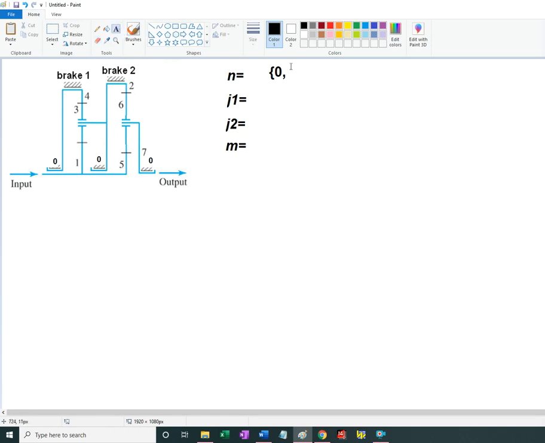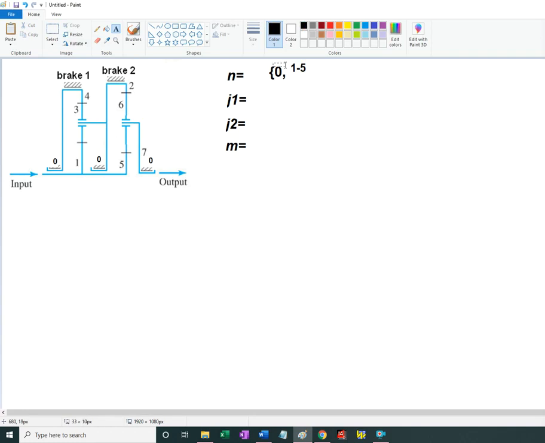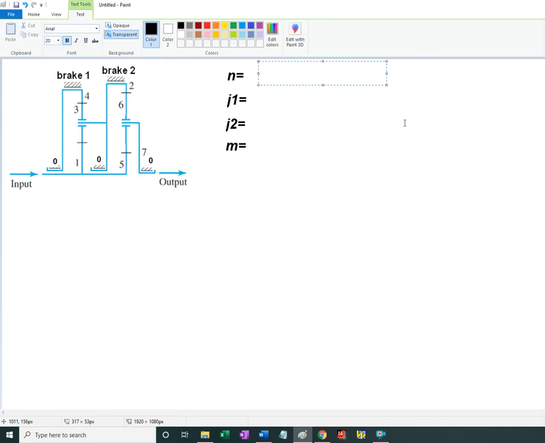That's the same thing, 1 and 5 is the same. Let me start over. So let's start counting. 0, and then we have 1, which is the same as 5.